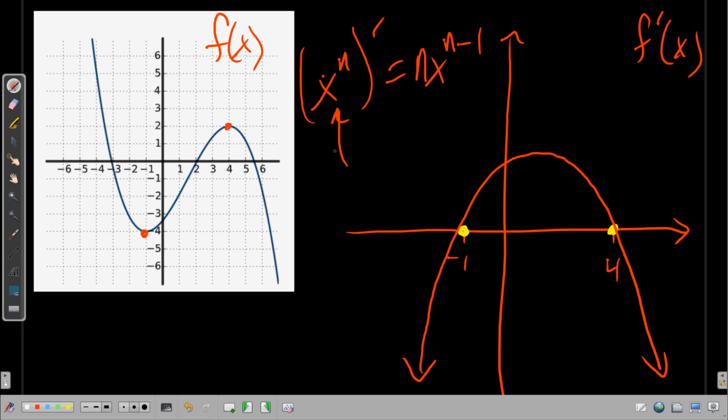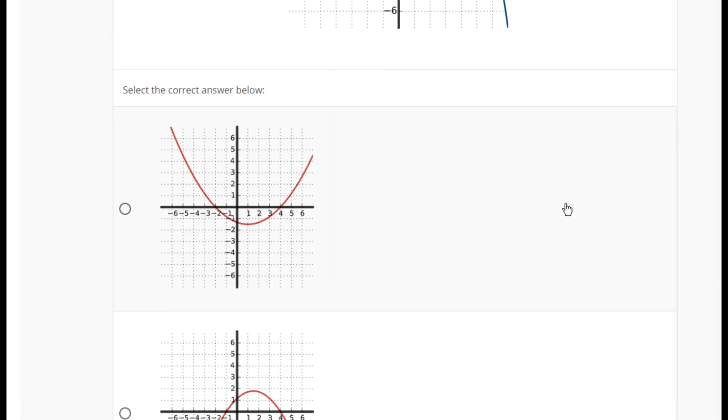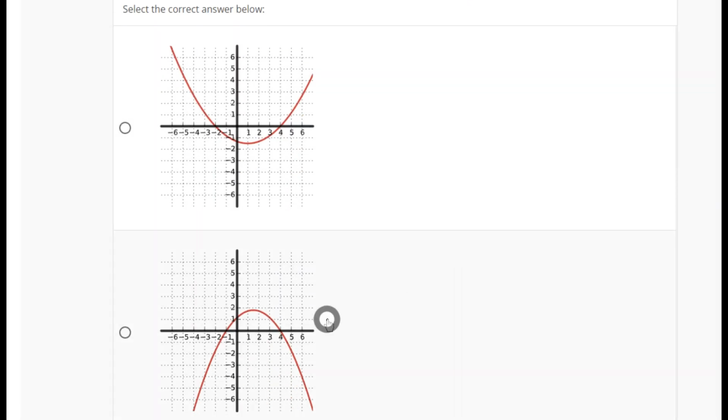So that's all we're witnessing now, is that decrease in degree by just 1. So our f prime is a parabola. It opens down, goes through -1 and 4. It's this one.